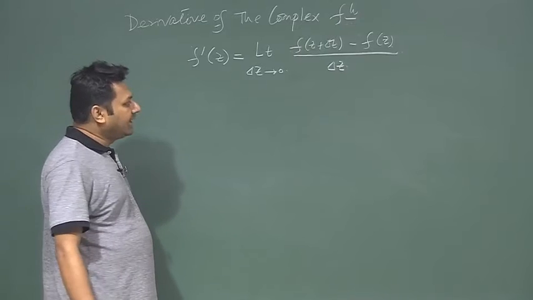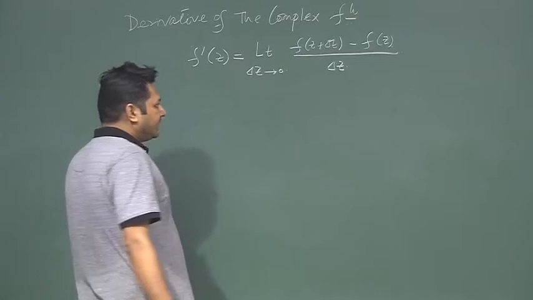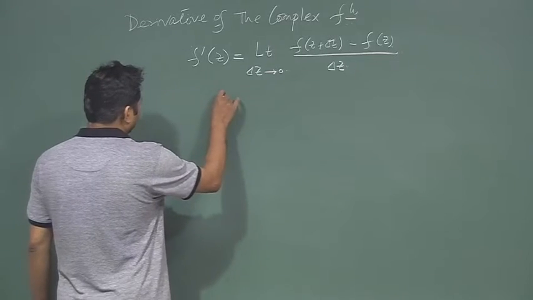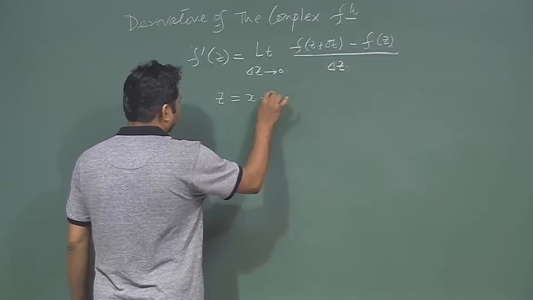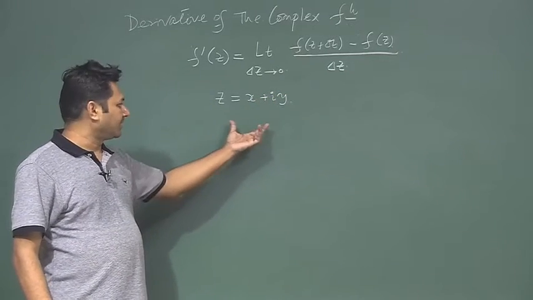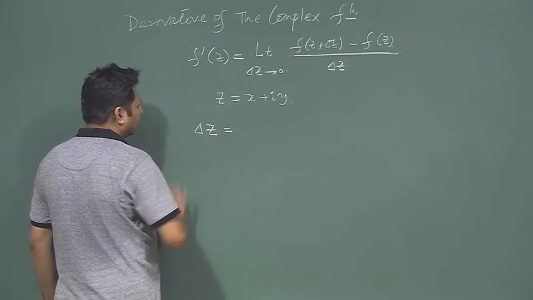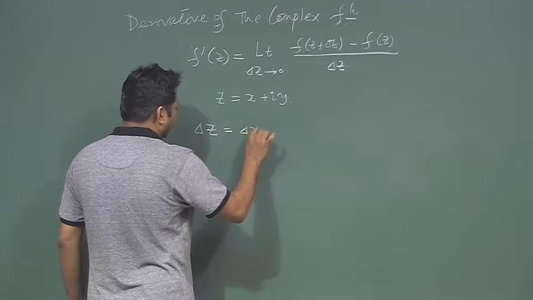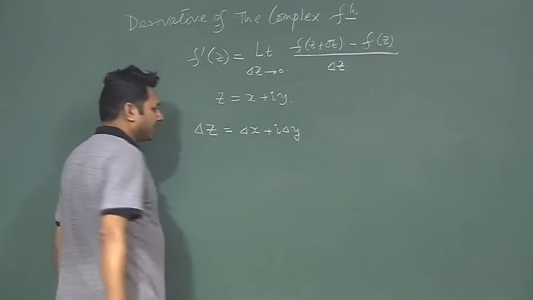Well, here again the same problem arises that we have in case of finding limits and all these things. So, my z here is x plus iy, and delta z should be delta x plus i delta y.